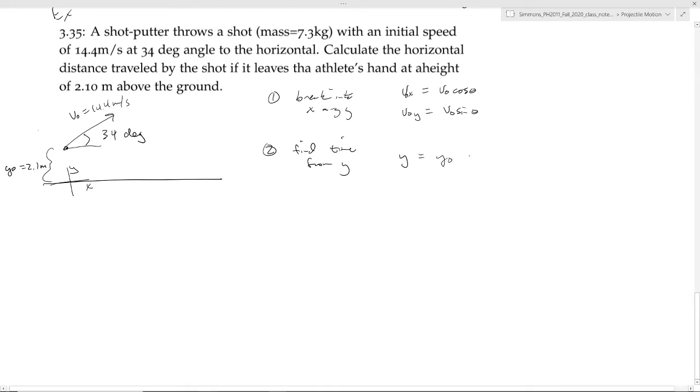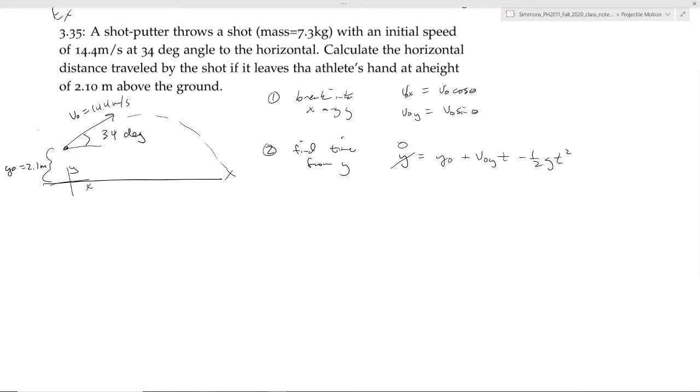Remember, y is going to be y naught plus v naught y t minus one half g t squared. Now this problem is a little bit more complicated in this respect than what I showed you with the derivation of that range expression, because notice this is being launched from one height, but it's going to land on the ground. So while y, the final height, is going to be 0, the initial height is not.